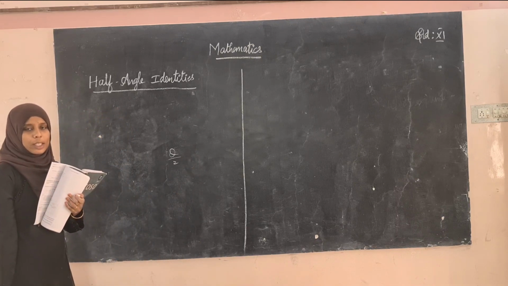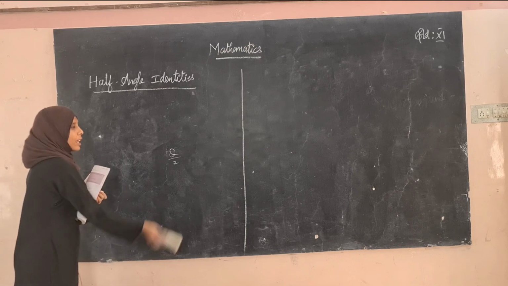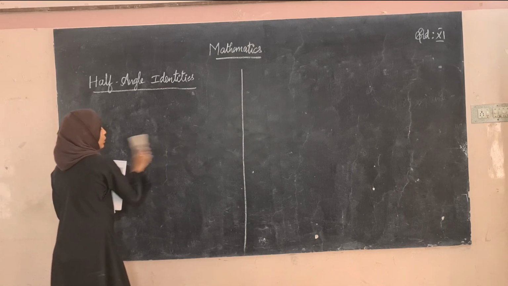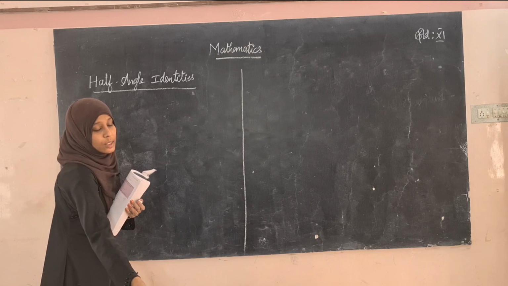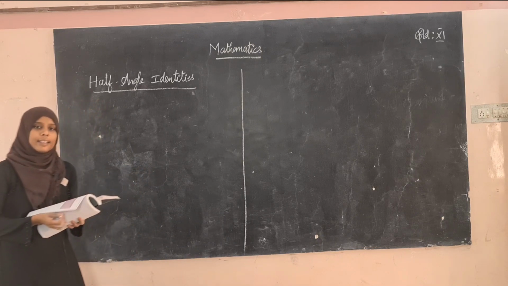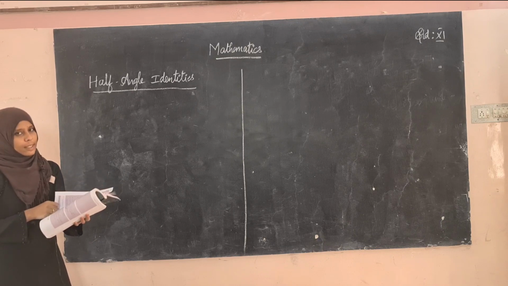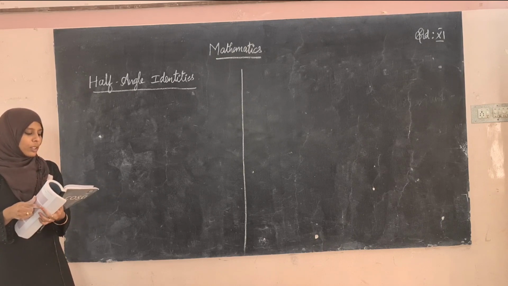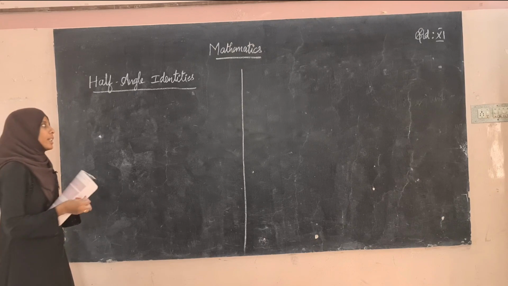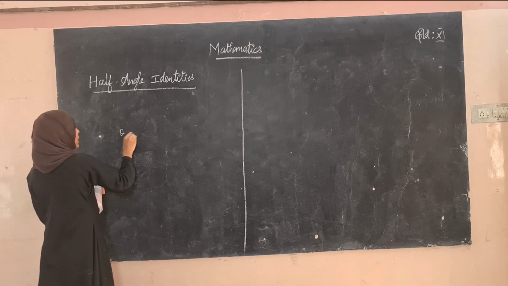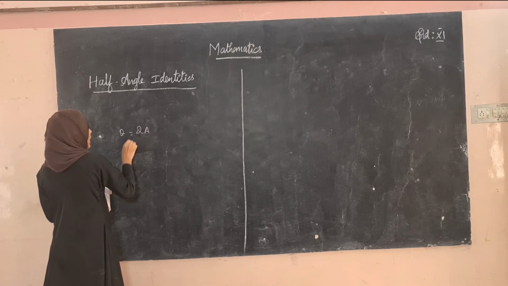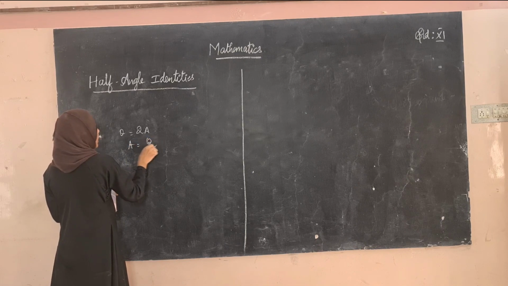So what are the identities that we have in theta divided by 2? They didn't give you the proof for this. Instead they have given the identities directly in your book. You can go through that and you have to mug up the identities. From what they have taken, if theta is equal to 2a, then a can be written as theta divided by 2.